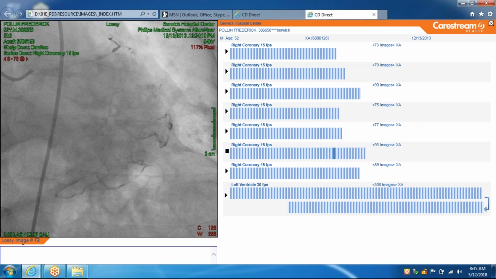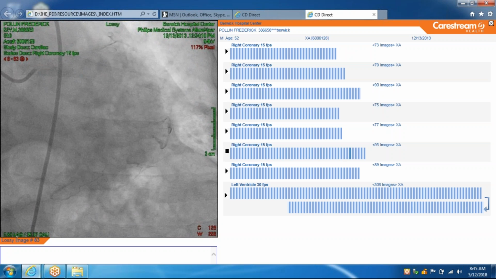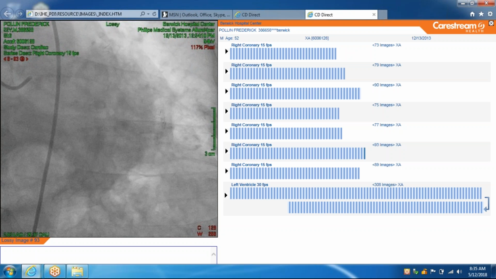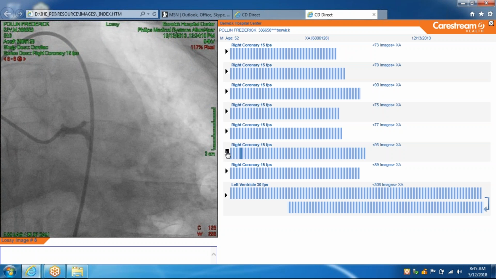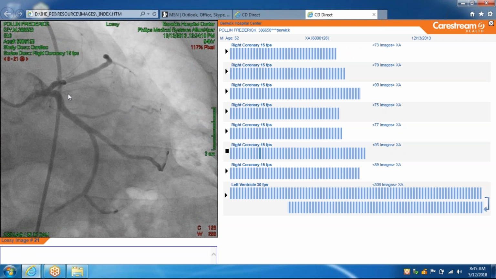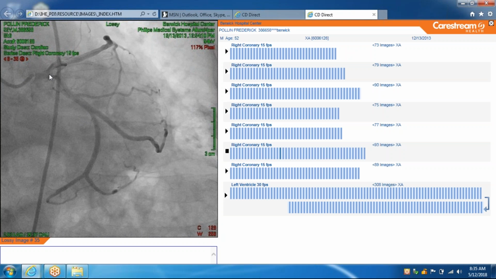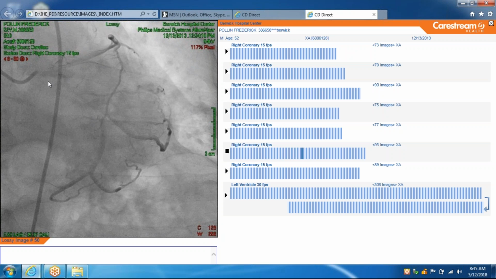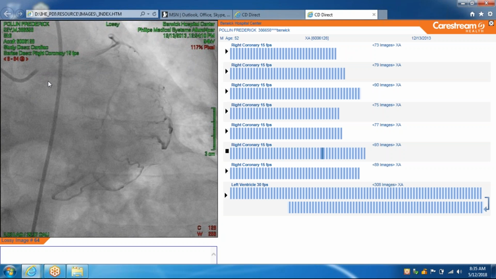It's LAO, so it's left anterior oblique at about 3 degrees, but it's towards the legs. Okay, caudal 37 degrees. It's tilted towards the legs, and spider because the vessels are splayed out. Again, this is the left circumflex, and the LAD is over here. Okay, spider view.